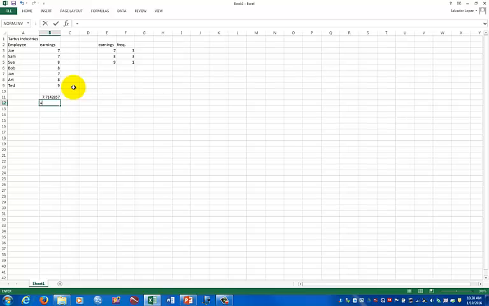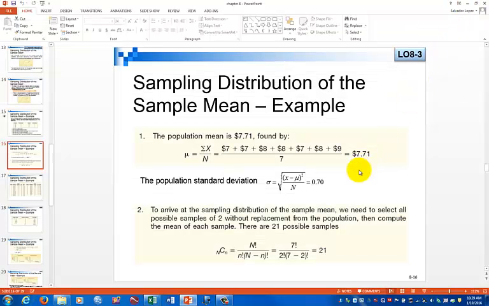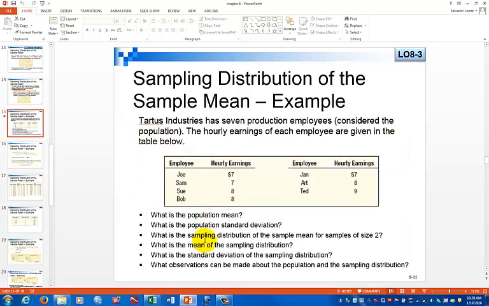And the standard deviation of the population is STDEV.P, equal STDEV.P, open parentheses, again the range is specified, B3 to B9, close parentheses, click enter, and you get approximately 0.70.